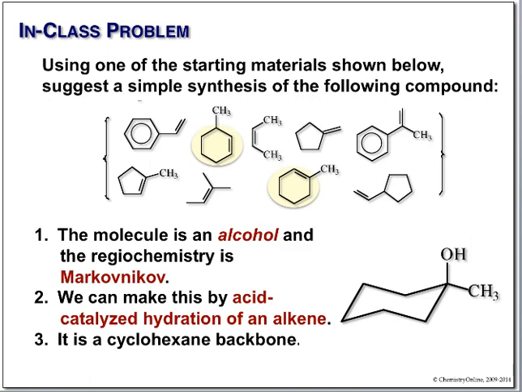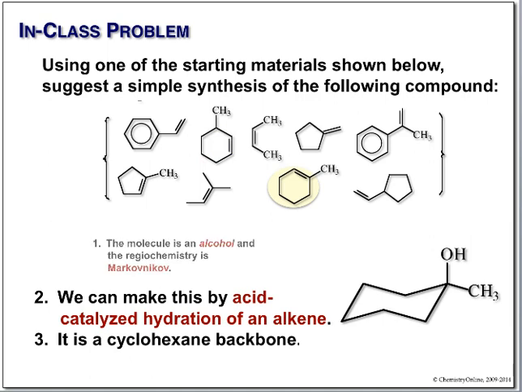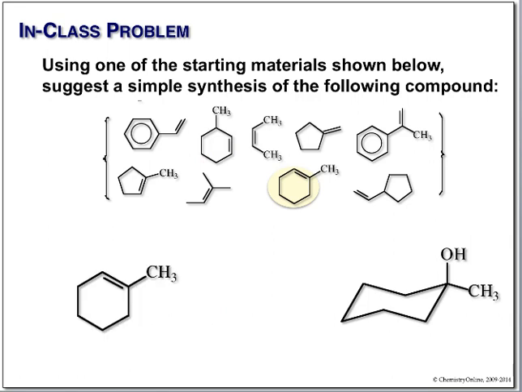Acid catalyzed hydration, carbocation intermediate. So it's going to rearrange, isn't it? We could actually use this one and it'll rearrange to that carbocation. Let's just do this one because it's cleaner. And all you have to do for conditions is show acid and water. If you were to put this one on the exam, you would get full credit.